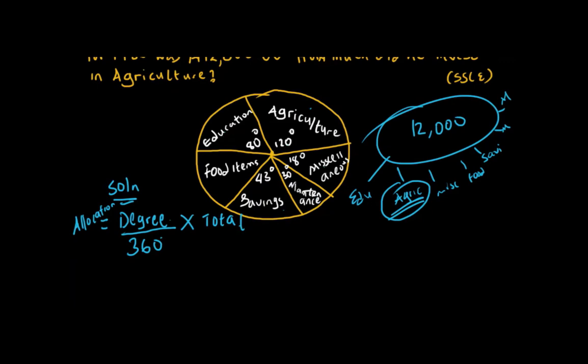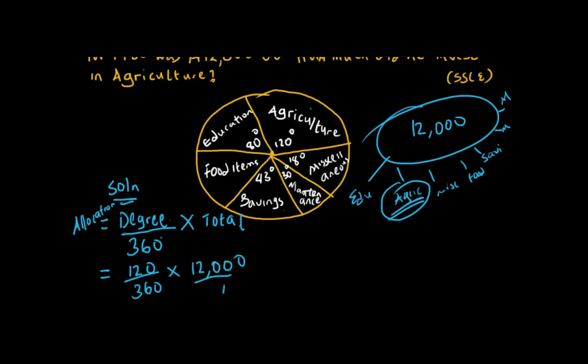So can we solve for how much he invested in agric? So it will be equals to, what's the degree for agric? 120 all over 360 times, what's his total salary? 12,000. I hope you know that that thing is 12,000.00. So it's like 12,000 naira, 0 kobo.